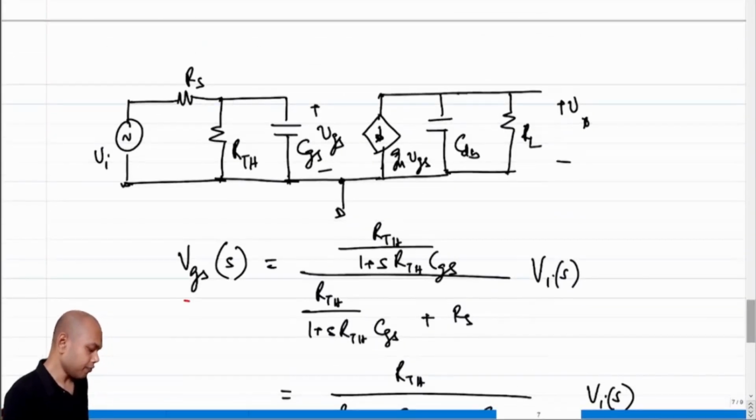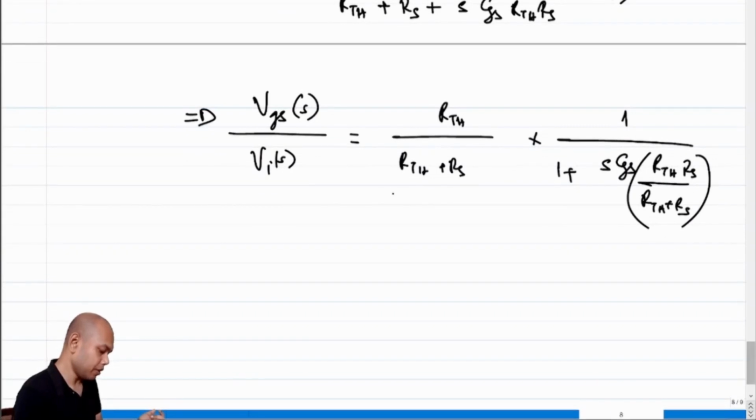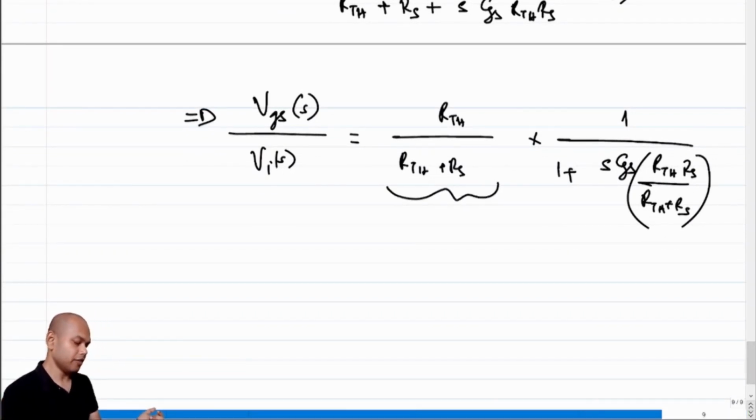Because if CGS were 0, VGS would have been RTH divided by RTH plus RS. So if you plug in CGS equal to 0 in this expression, what remains is the scenario where we did not have a capacitance in place. So this checks out.